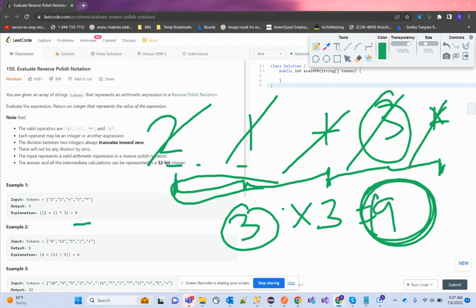Now, how to solve this? If you observe, I'm just removing elements. So ask yourself which data structure I can use so that I can remove from it and then do these addition, subtraction and other expressions.